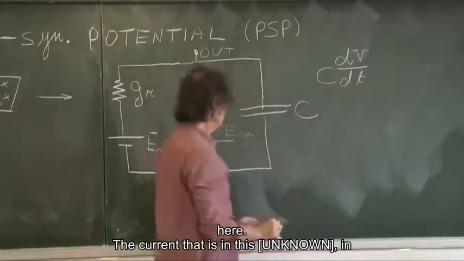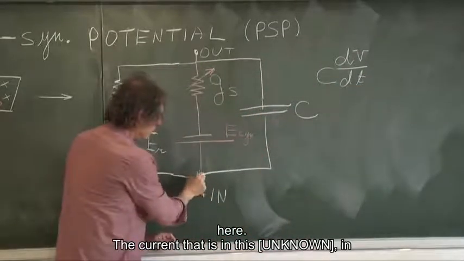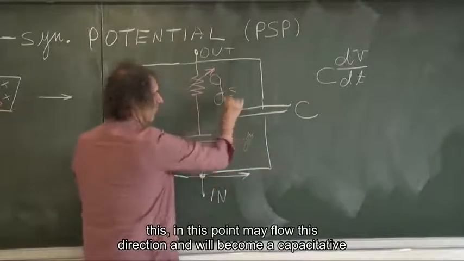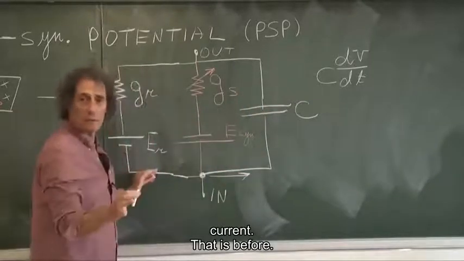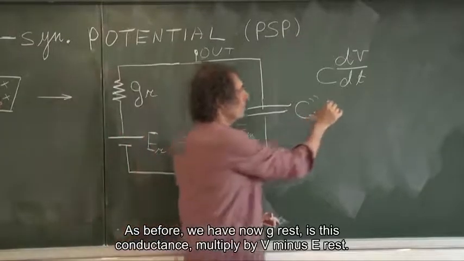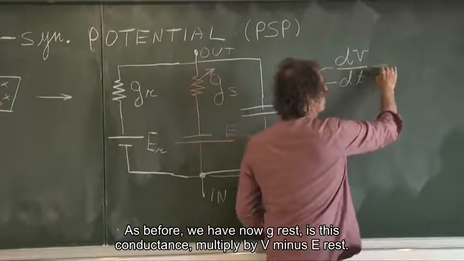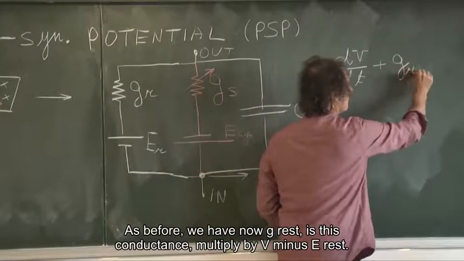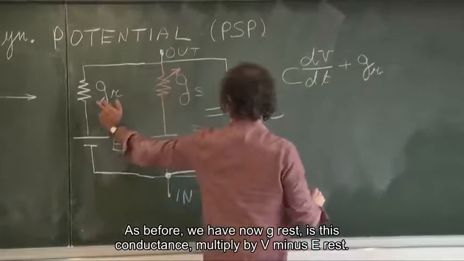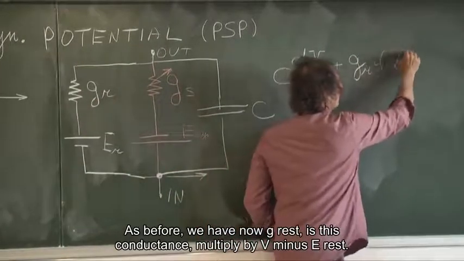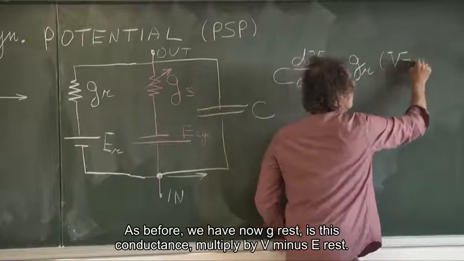Also here, the current that is in this point may flow this direction and will become a capacitive current. That's as before. As before, we have G rest, this conductance, multiplied by V minus E rest.